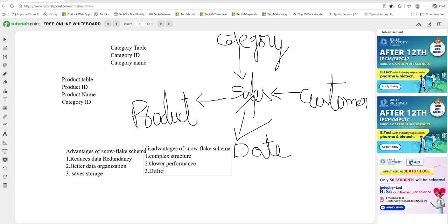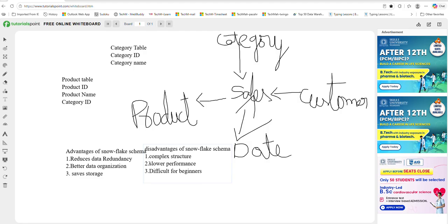So it is difficult for beginners. Relationships become confusing. That is the reason it is difficult for beginners.